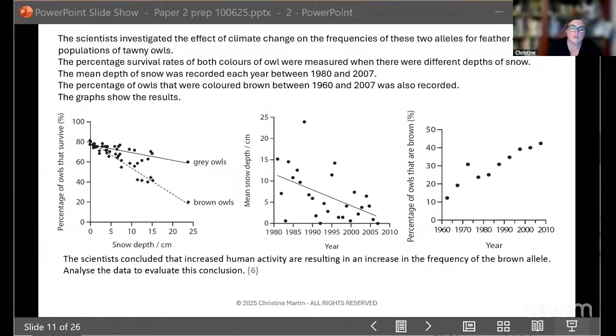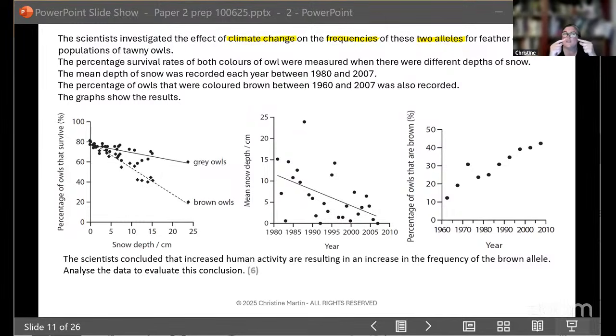Okay, what have we been told? Climate change. How would climate change actually have an effect on the frequency of these two alleles? This is really fascinating because a lot of you will have studied module 4 and looked at biodiversity, evolution and natural selection, and adaptations which are anatomical and physiological, and you should know that climate change can have an effect on biodiversity.